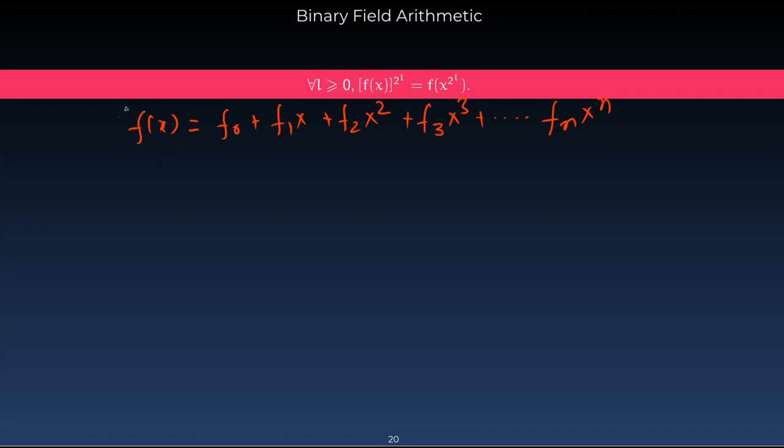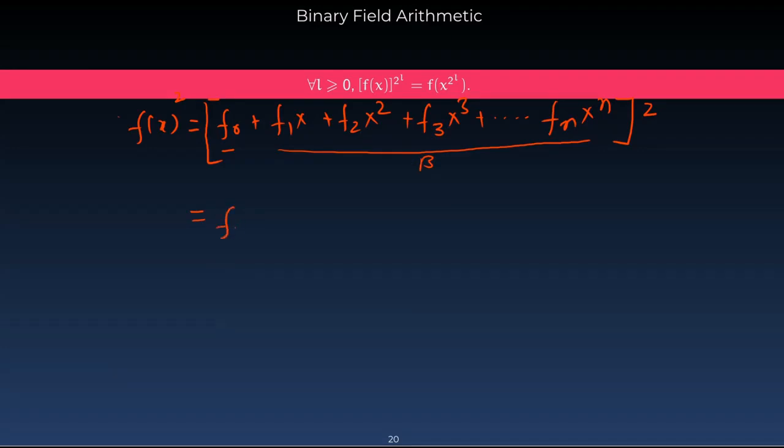When we square this, we are basically squaring the right hand side as well. If we square this, I can consider the first term as a and the rest as b, and it can be written as a square plus b square plus 2ab.